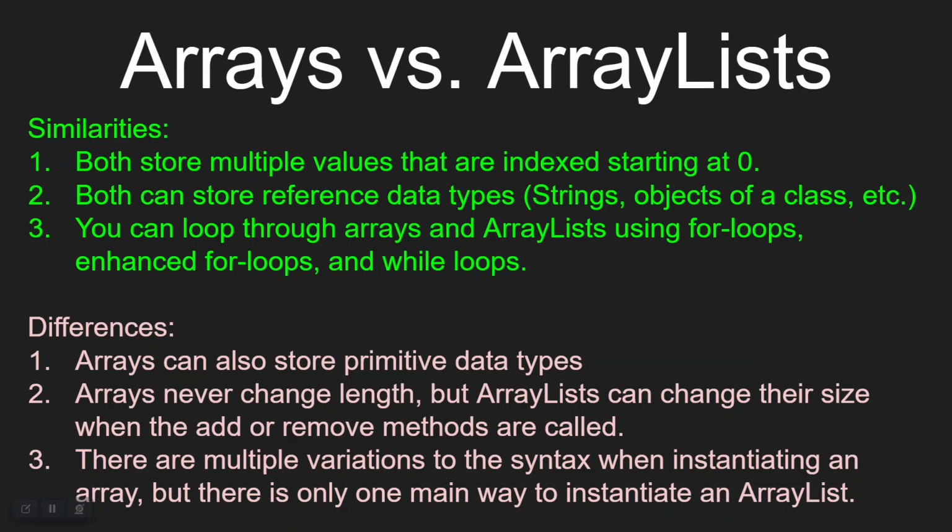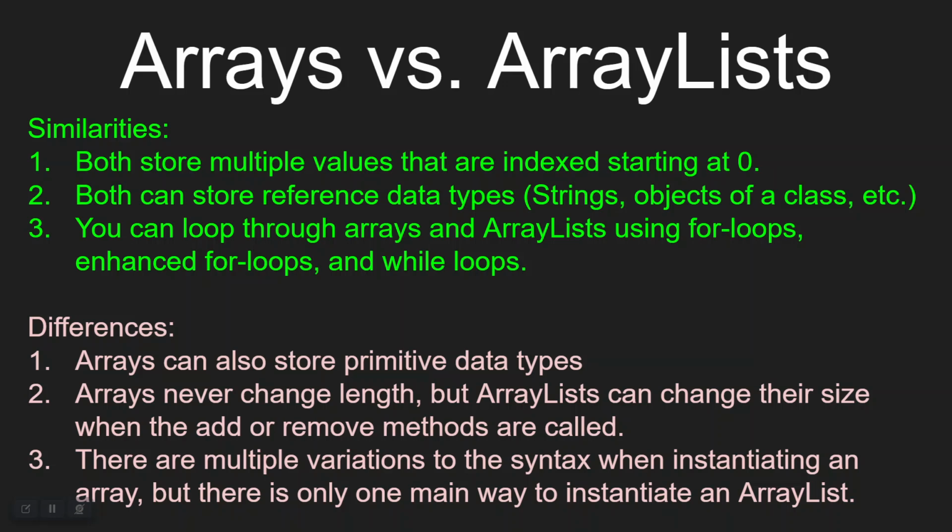All of the characters are in a row starting with the index at 0, so they have that in common. Arrays and array lists can both store reference data types, so strings, objects of a class, and so on and so forth.